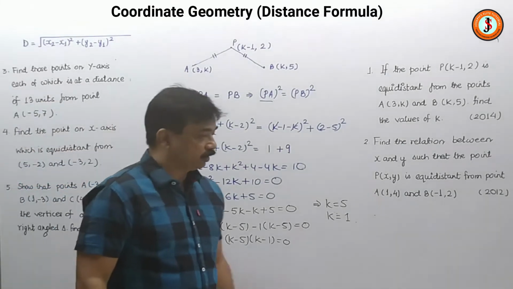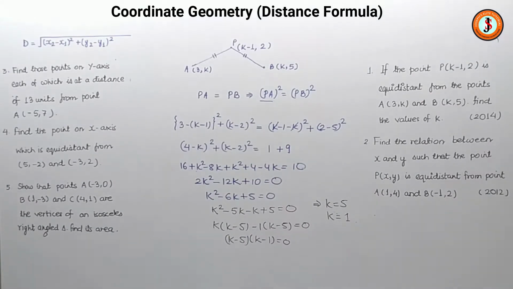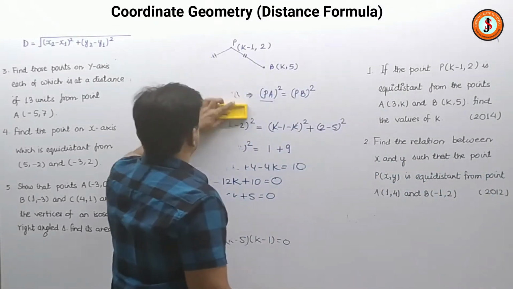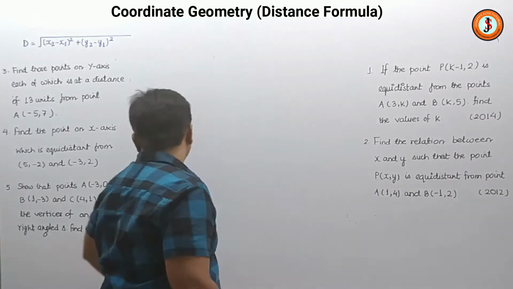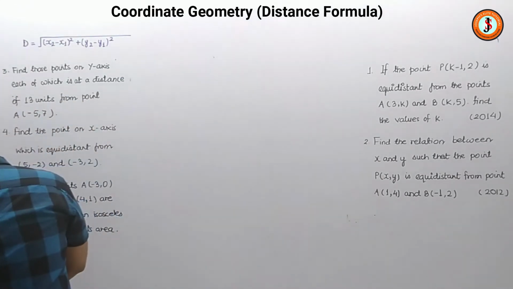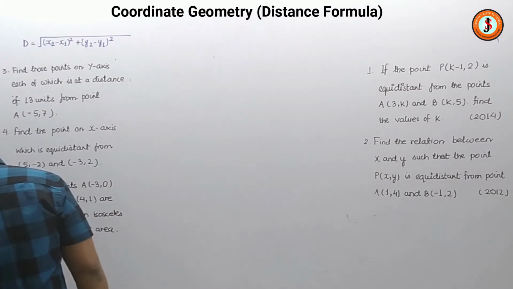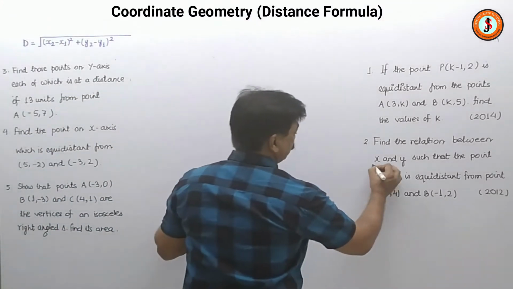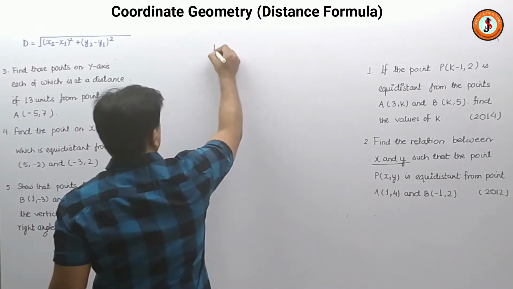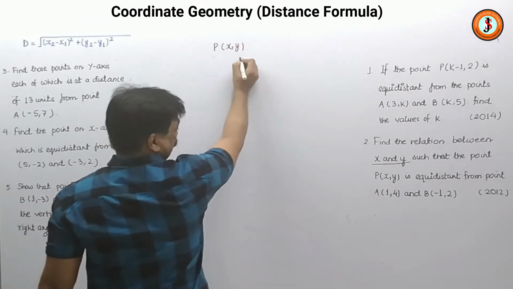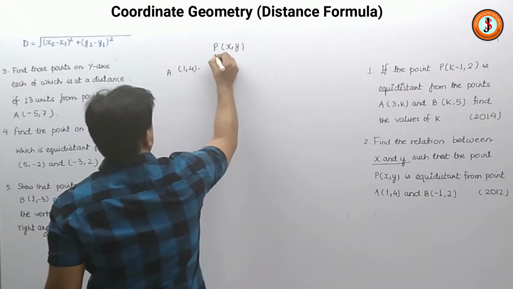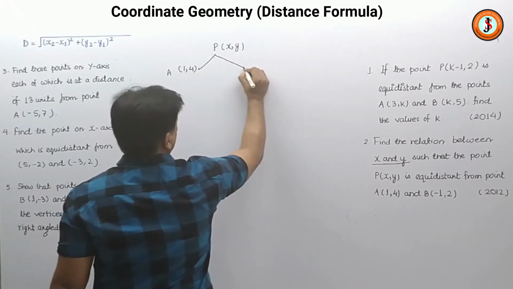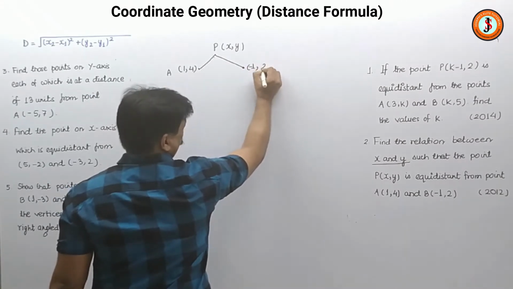I go to the next sum now. The next sum is: find the relationship between x and y such that the point P(x, y) is equidistant from point A(1, 4) and point B(minus 1, 2).